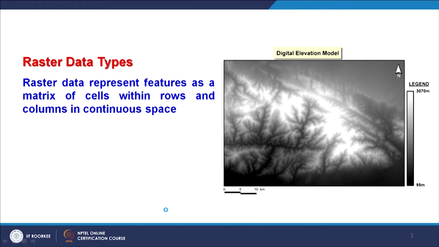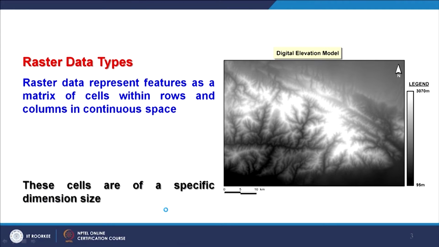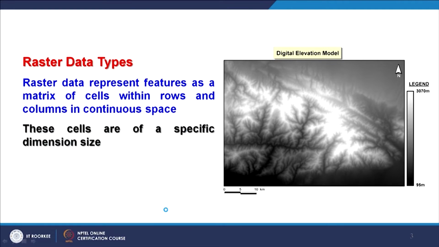So, this is grid data, as you can see, it is continuous. In this particular example, the number of rows and columns are not the same, therefore the overall shape of my raster is rectangular, but data is continuous.